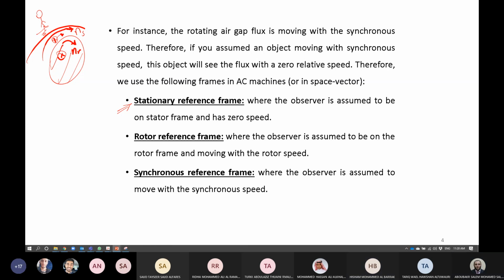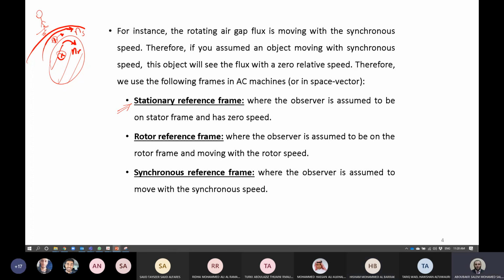Yes. طيب, if the observer is on the rotor side, what is the flux speed that the observer can find here or can calculate? The slip. Slip, exactly, which is ns minus nr.